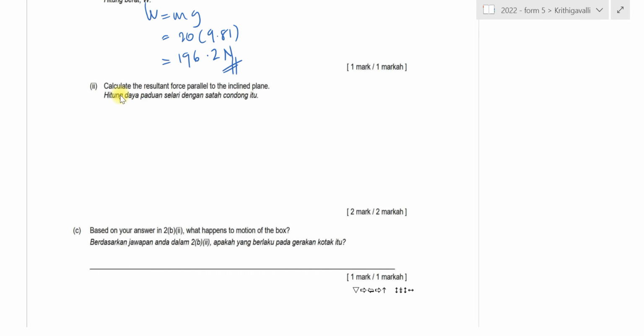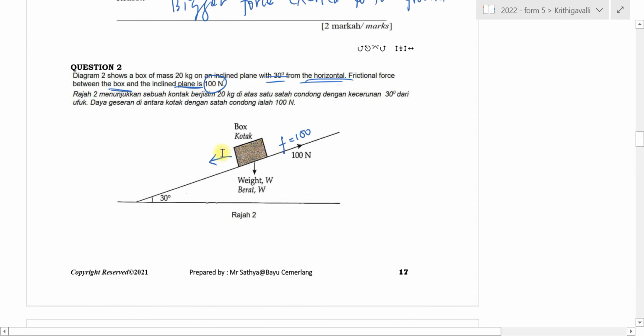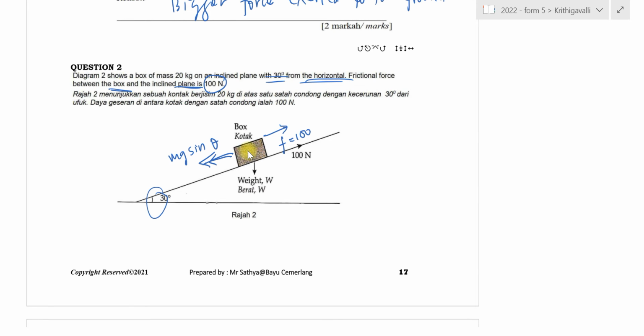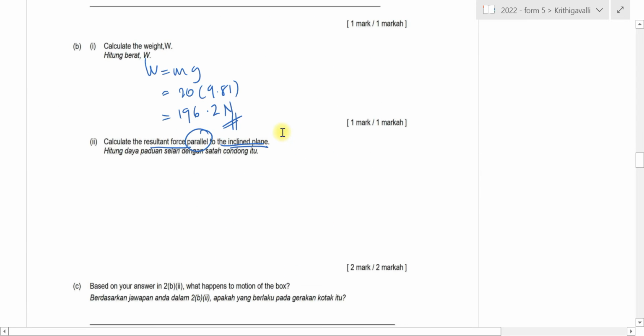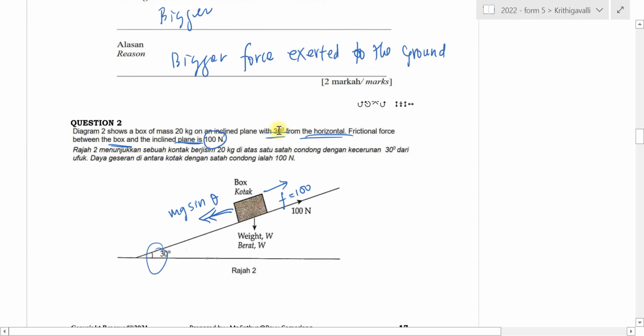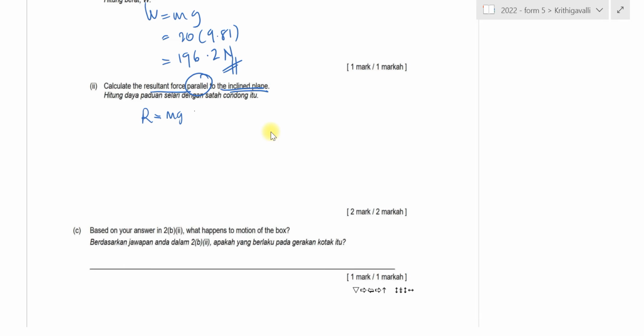Calculate the resultant force parallel to the inclined plane. So the force acting this side will be mg sine theta, right? The theta is 30 degrees, and opposite to it is 100 Newton. So the resultant force is the left hand side force minus the right hand side force. The left hand side force is mg sine theta minus the frictional force.